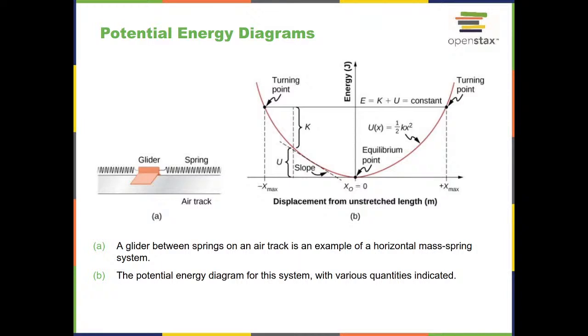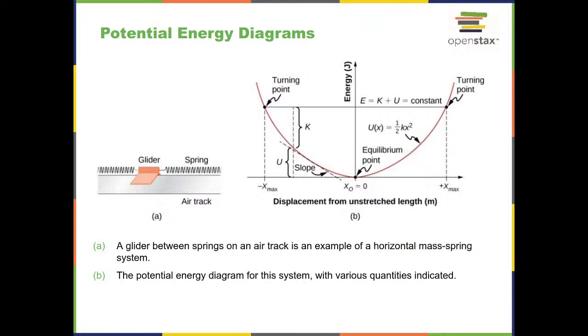For example, we can determine the maximum positions on the right and on the left that this glider will be able to reach. It will be given by the positions where the potential energy is equal to the total mechanical energy. And based on the fact that this is a symmetric curve, we'll see, of course, that x max on the left will be equal in magnitude to x max on the right.